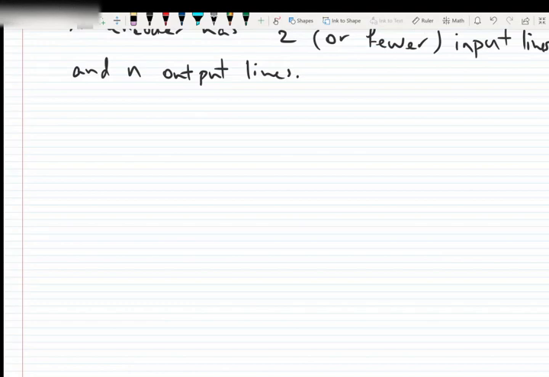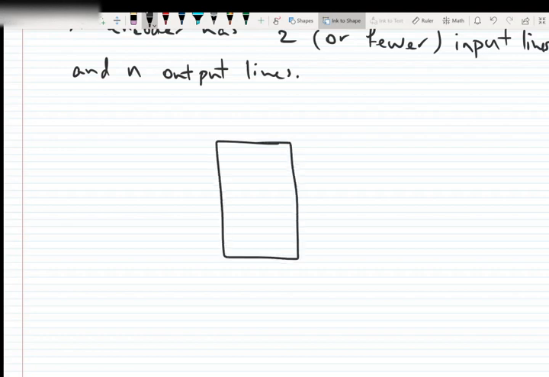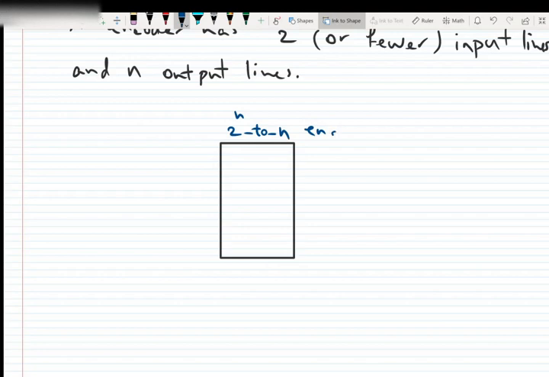Okay, so we want to see a 2 to the n binary encoder. Let me show you a 2 to the n encoder. It has inputs from W0 to W 2 to the power of n minus 1, and it has outputs y0 to y n minus 1.